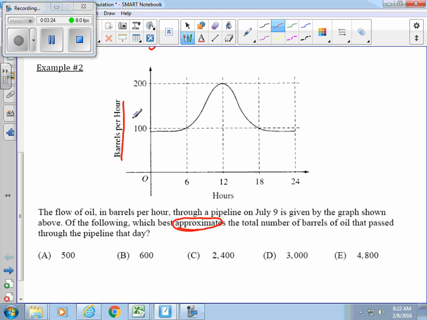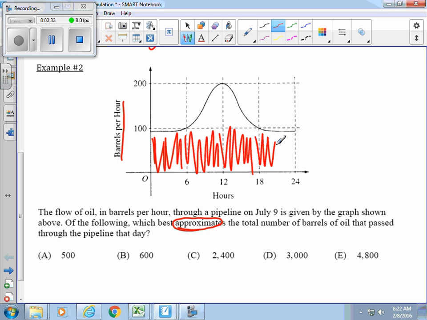Luckily, they said approximate. So how do we approximate? Area. We're going to literally count squares. Right? Each square is how many barrels? Just out of curiosity, 600. Does everyone see how we got that? So just with these, and we are going from 0 to 24 because it's that day, so 24 hours, we've got about 2,400 just right here.